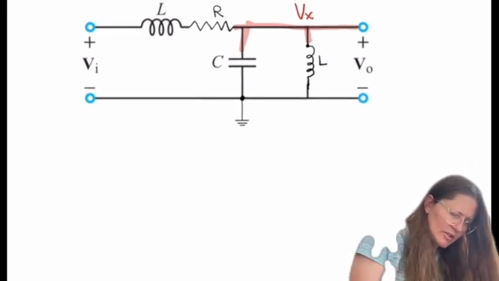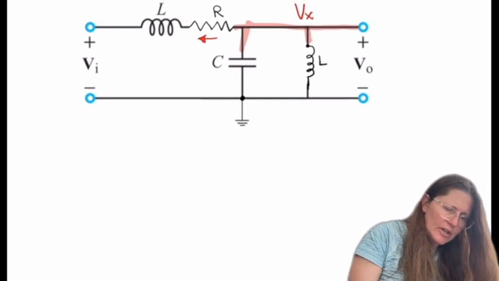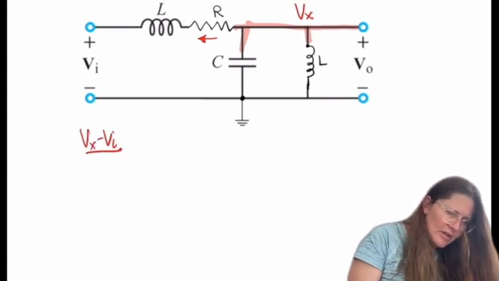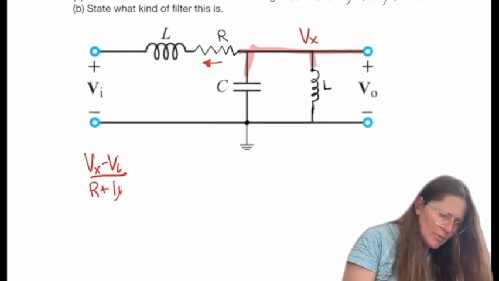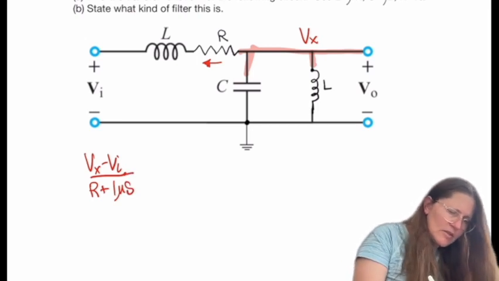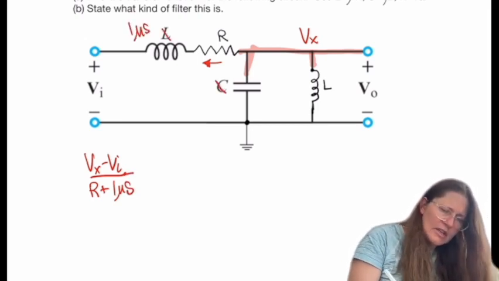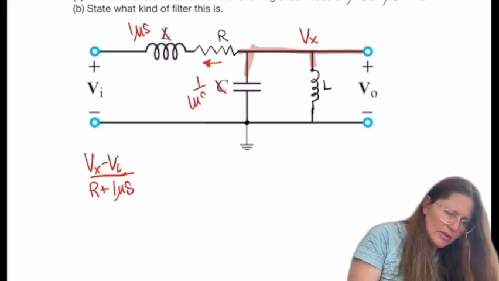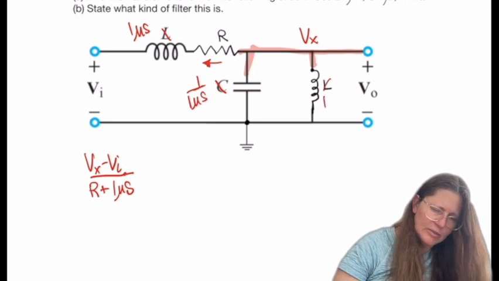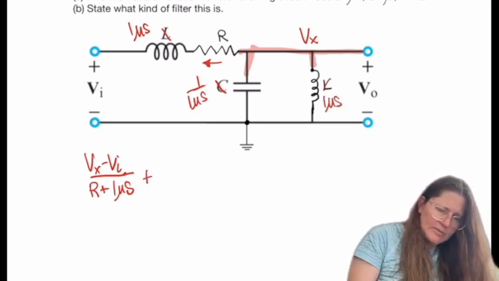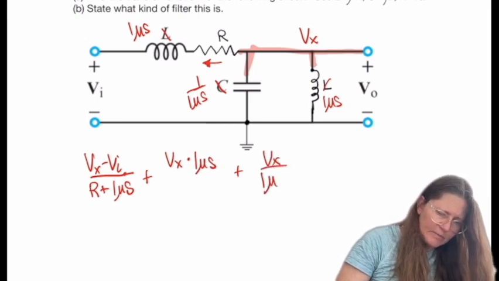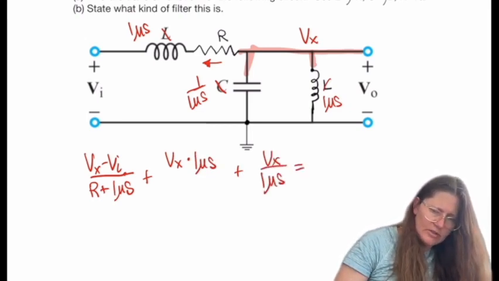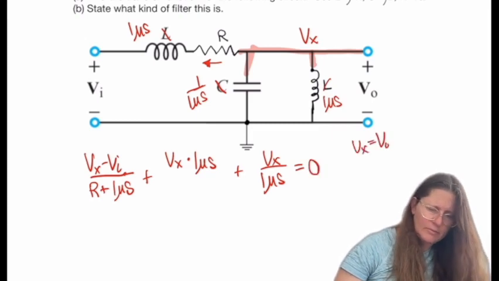And so our equation will look like, I'm going to do this current, so Vx minus Vi over R plus L was given as 1 micro, so 1 micro S. And then C is 1 micro also, so 1 over 1 micro S, and then this one is 1 micro S. So Vx is then going to be over 1 over, so I can just multiply it, and then this Vx will be 1 over that equals 0. Note that Vx is equal to Vo.